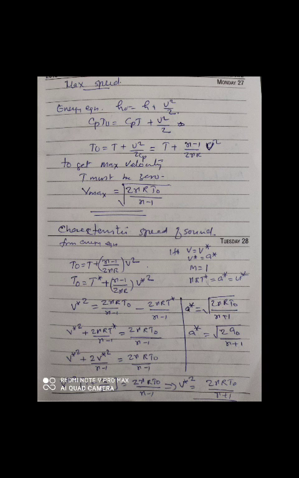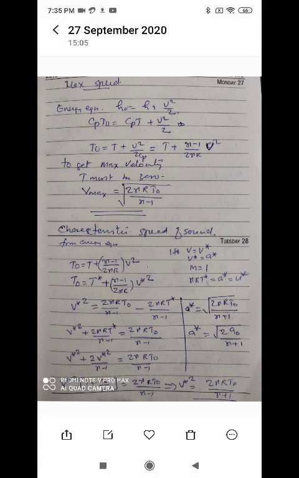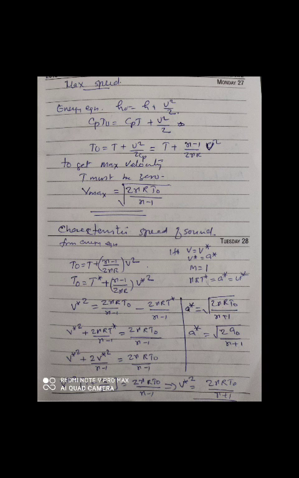So we start from the energy equation. T0 is equal to T plus (gamma minus 1) by 2 gamma R times V square, and if you substitute the second condition as the star or characteristic condition, T0 is equal to T star plus (gamma minus 1) by 2 gamma R into V star square. So V star square is equal to 2 gamma R T0 by (gamma minus 1) minus 2 gamma R T star by (gamma minus 1).